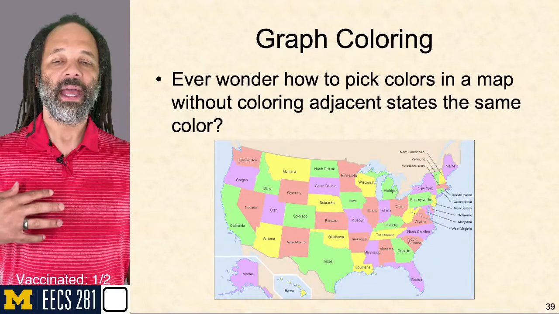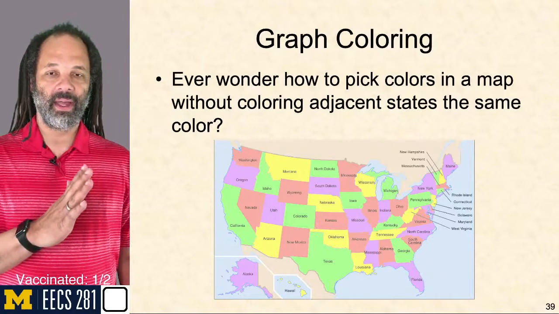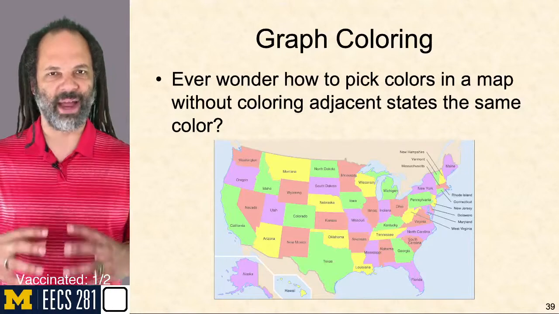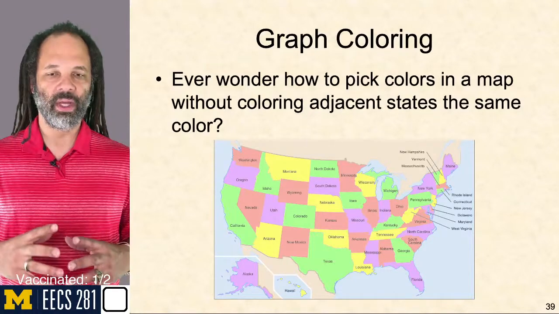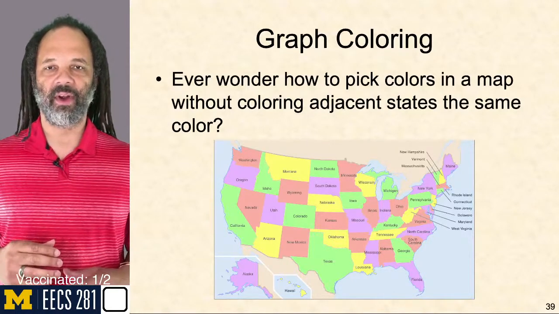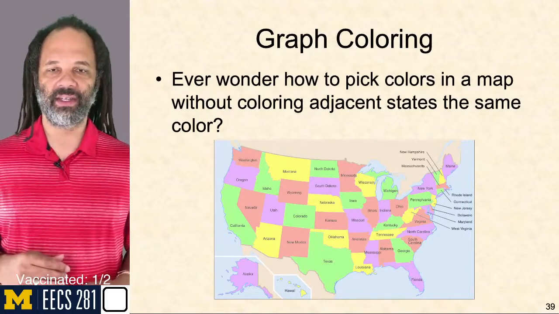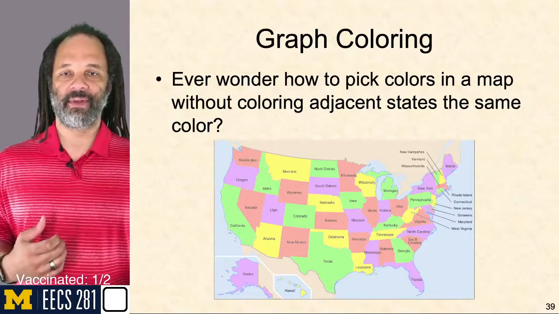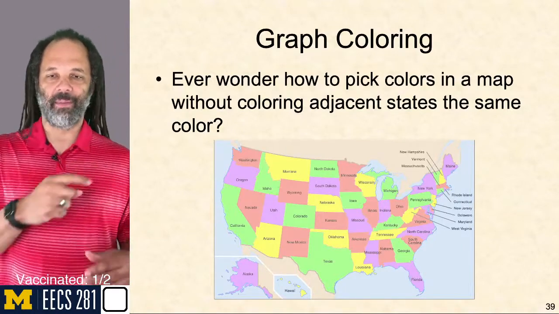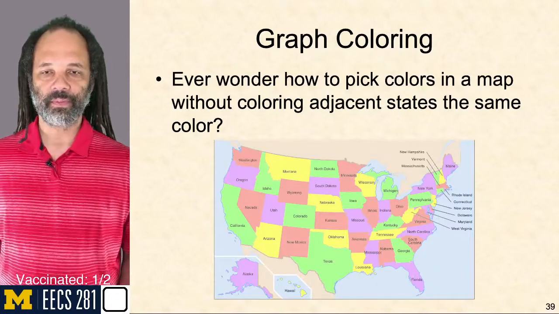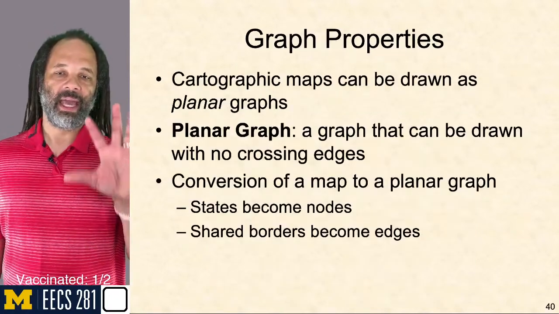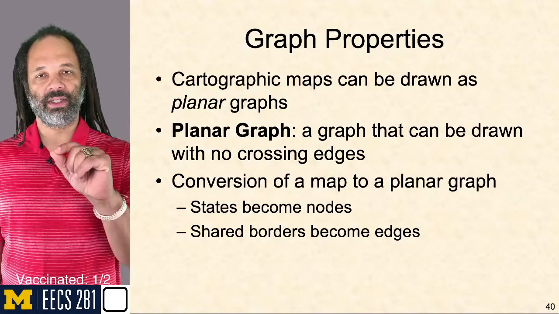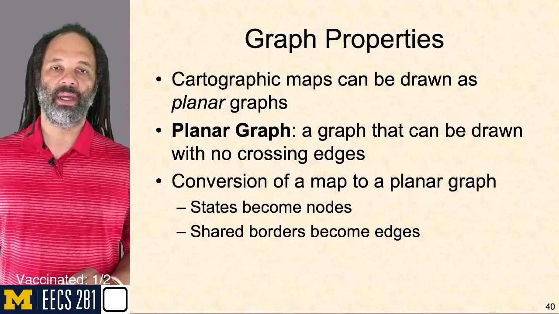So if I can take this whole map, and instead of looking at it in 2D like humans want to, I can just simplify this like graphs allow me to do, and turn this into 50 vertices and some collection of edges. That's really what I'm trying to do. If I can then color that graph, I can step back and apply some colors to my map as well. So cartographic maps can be drawn as a planar graph, just as I mentioned. Each state or location is a vertex, each border is an edge.